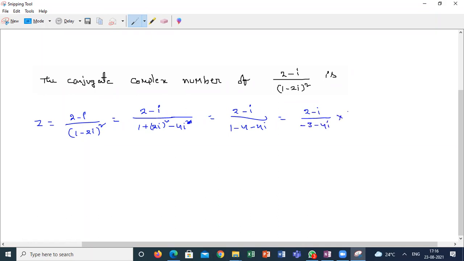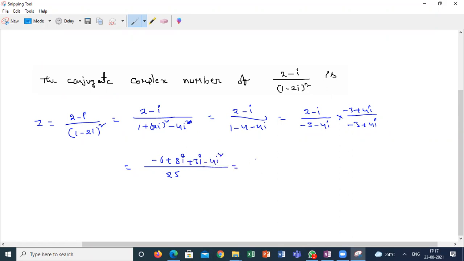Multiplying this with minus 3 plus 4i, in the denominator I get 25. In the numerator, how much? 2 into minus 3 is minus 6, plus 8i, plus 3i, minus 4i square.